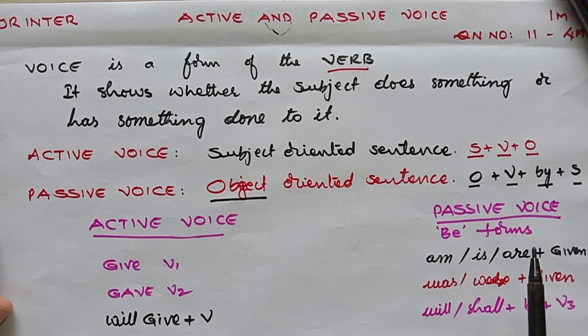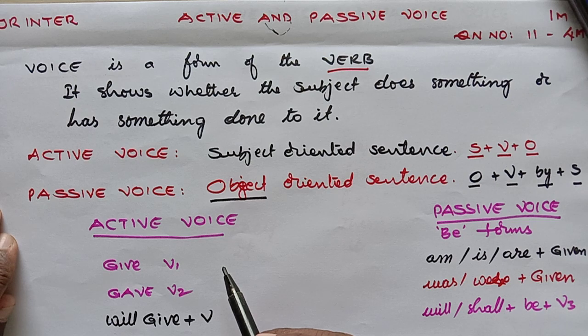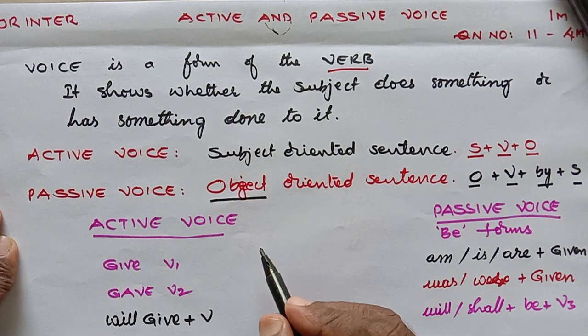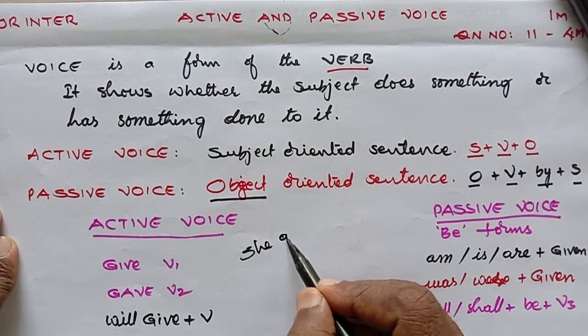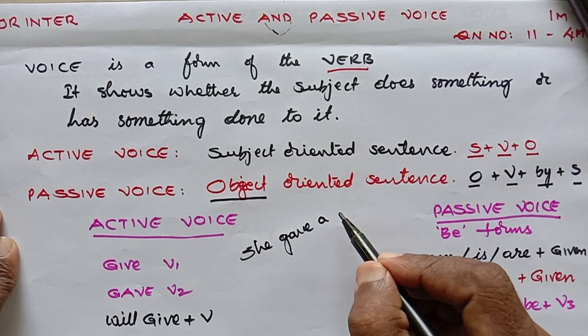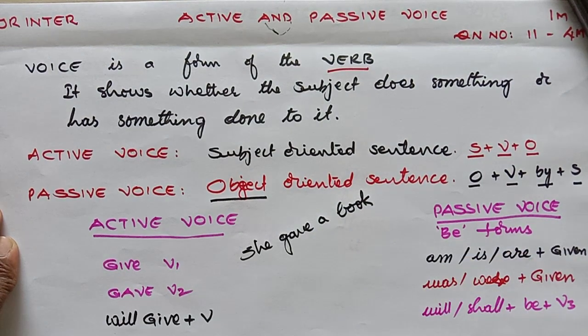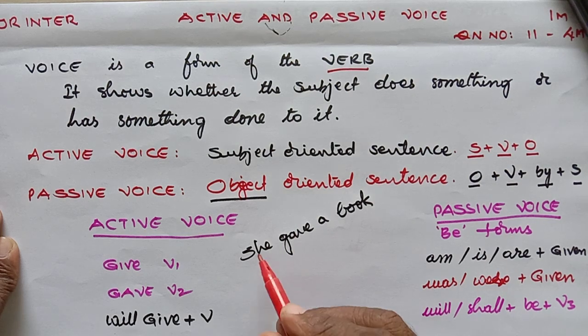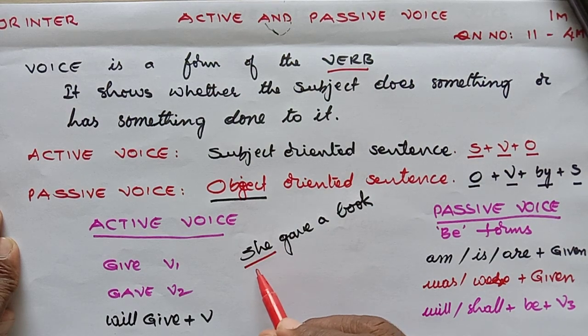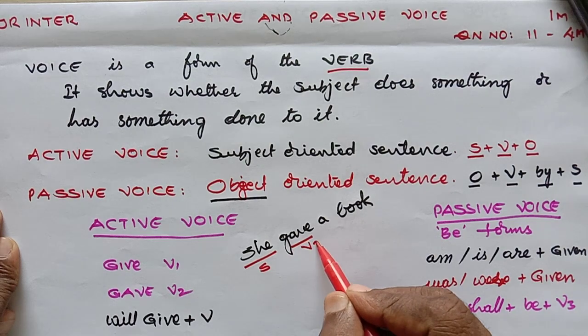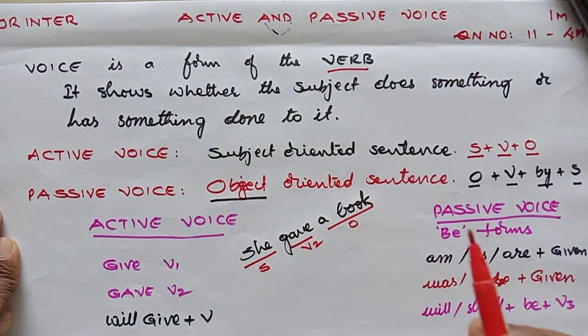Now let us see how the tenses or the be forms of the active voice and passive voice are changed. For example, you have active voice with give as a verb, and we can write: she gave a book. I am not taking a second object here. Now, in which tense is it? This is the subject, this is the V2, and a book is the object.